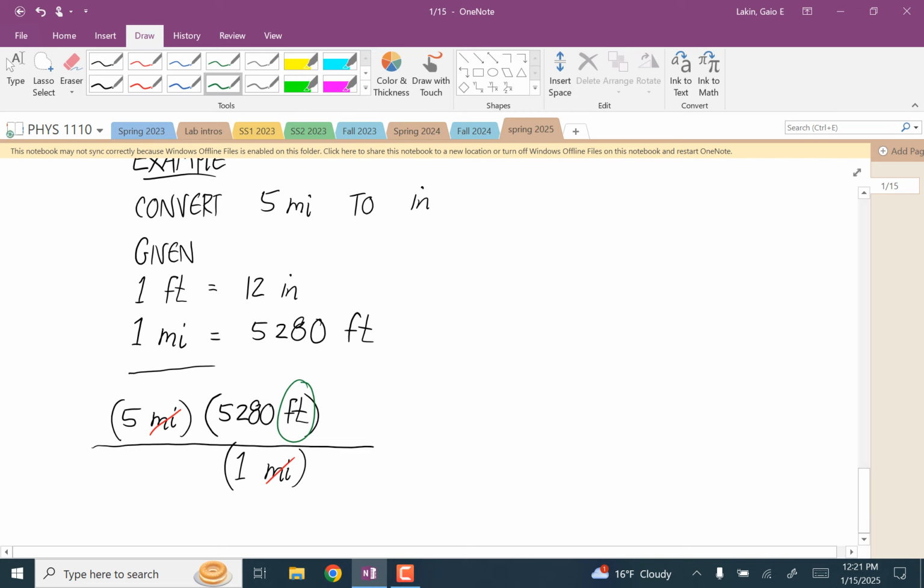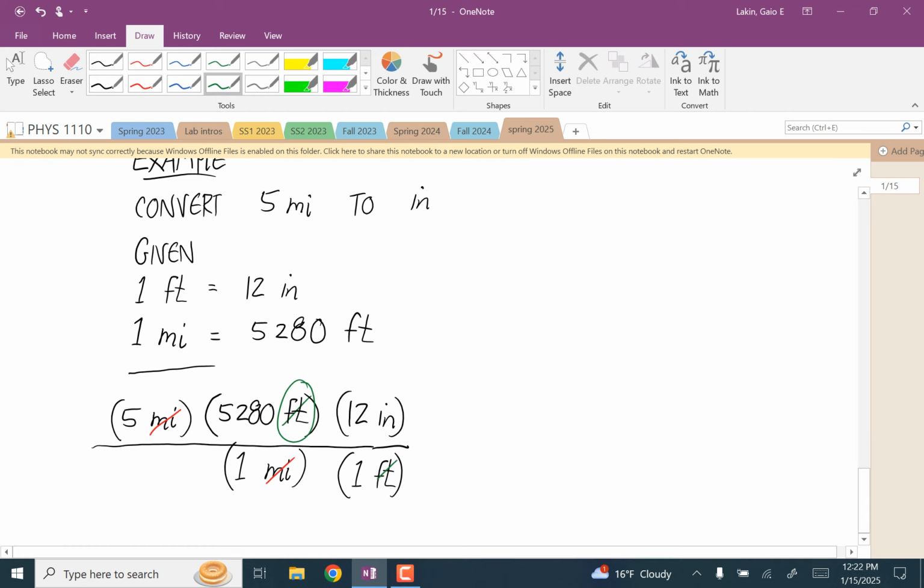And now we want to go from feet to inches. Feet are in the numerator. So we want the conversion factor with feet in the denominator. So I'm going to multiply by 12 inches over 1 foot.